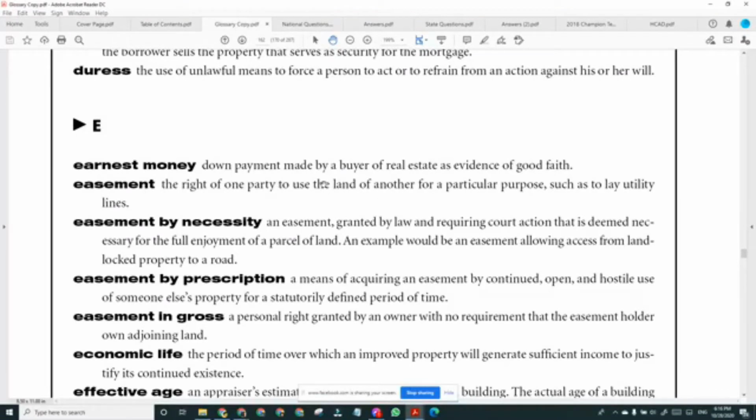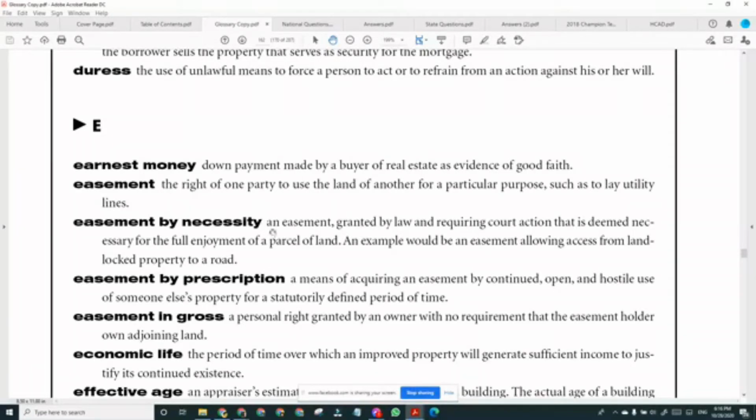So they're using the land of another for a particular purpose, such as laying utility lines. So those are utility easements. The easement I was talking about was a well, a driveway, a septic tank, or an easement to the creek or the lake or something like that.